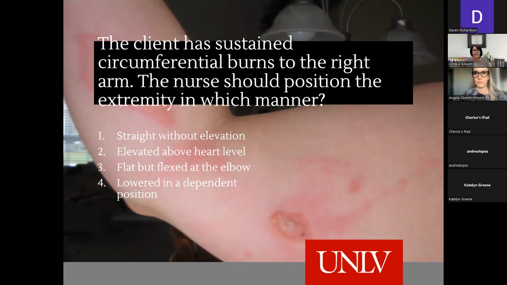The client has sustained circumferential burns to the right arm. The nurse should position the extremity in which manner? Straight without elevation, elevated above heart level, flat but flexed at the elbow, lowered in a dependent position.